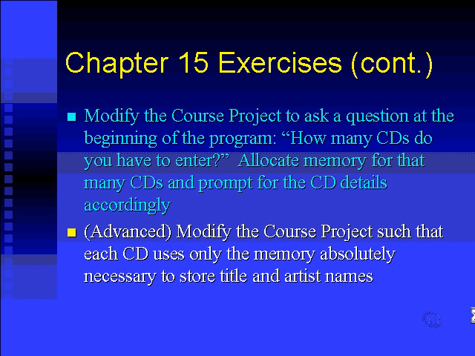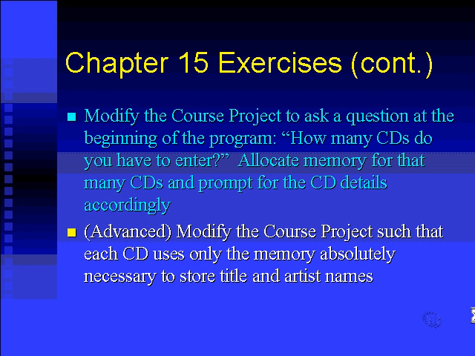Okay, finally, this is something of an advanced exercise to really see if you can understand pointers and memory allocation. Modify the course project such that each CD uses only the memory absolutely necessary to store title and artist names. In other words, if the artist was, say, U2, now U2 is only a 2-character name, so you really only need 3 characters of memory to store the string U2.